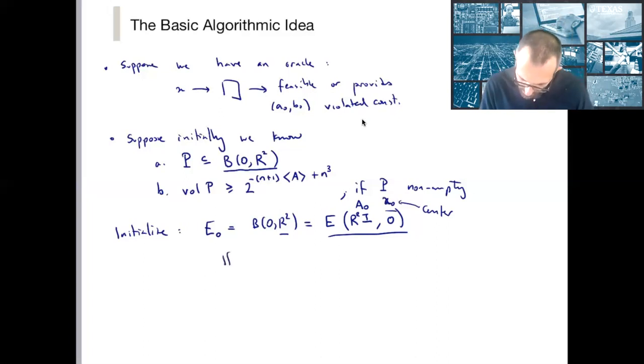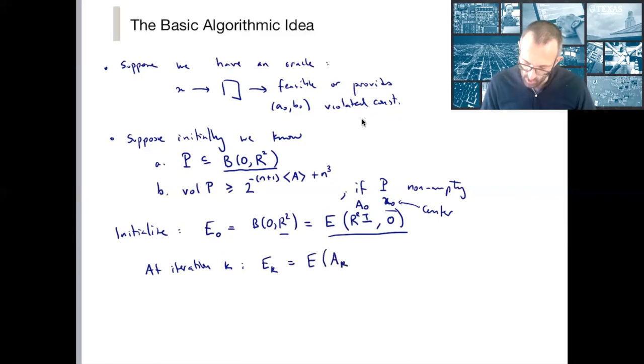So this is what we do at iteration k. At iteration k, what we have is an ellipsoid which we'll call EK, the kth ellipsoid, which again is going to be defined by a matrix, which I'll call AK. Note that I've overloaded A here, but I hope it'll be clear from context.